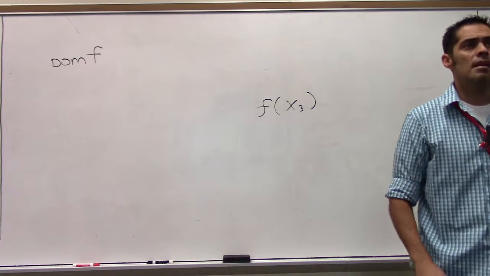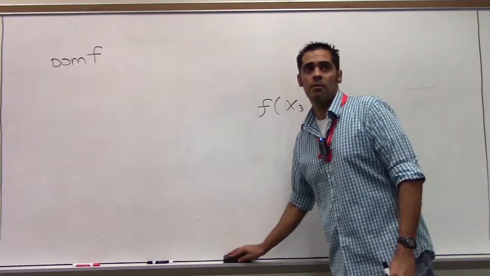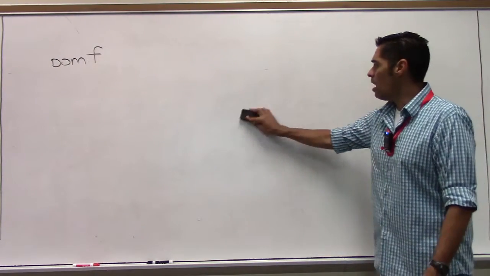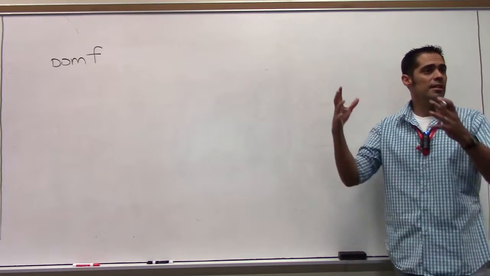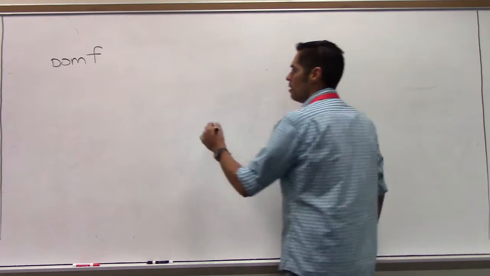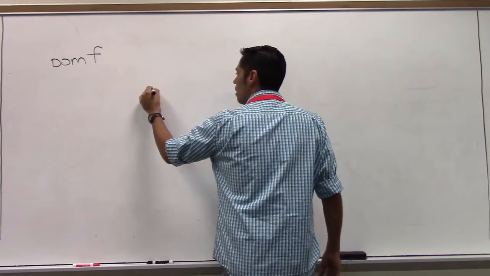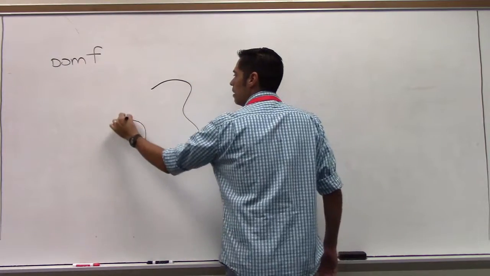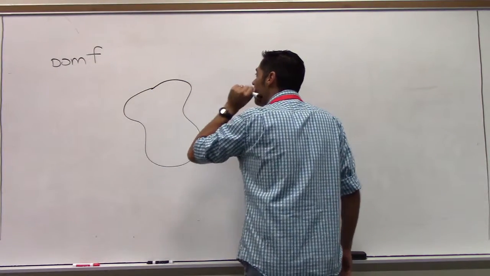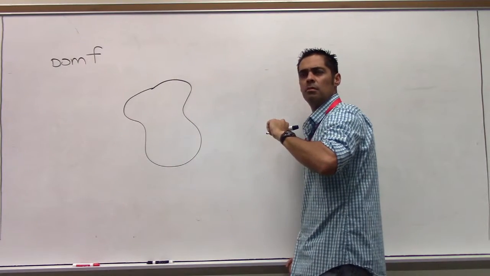So this next topic, range, this is somewhat confusing. So be careful with range. A lot of people think that the range is that basket y. It's not, all right? So I'm going to give you an example over here. Let's say I have a basket that's filled with all real numbers. How do you say all real numbers?